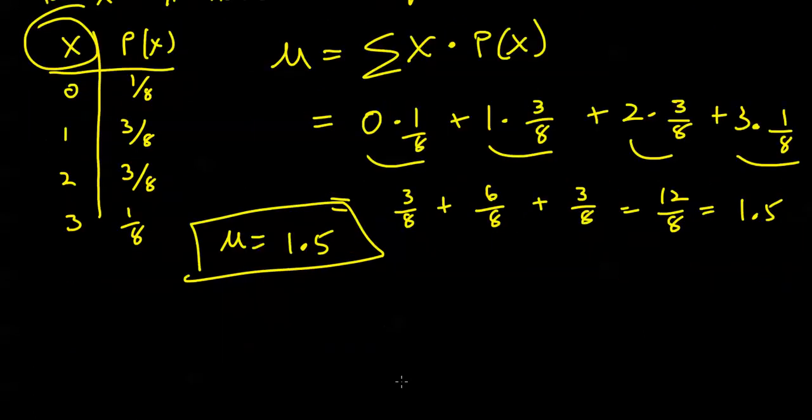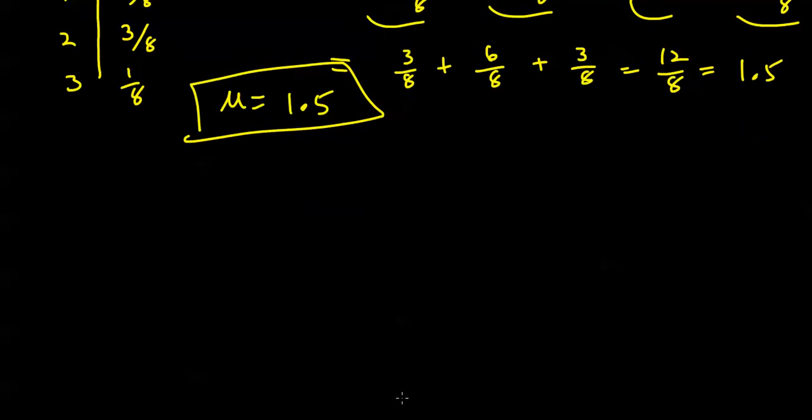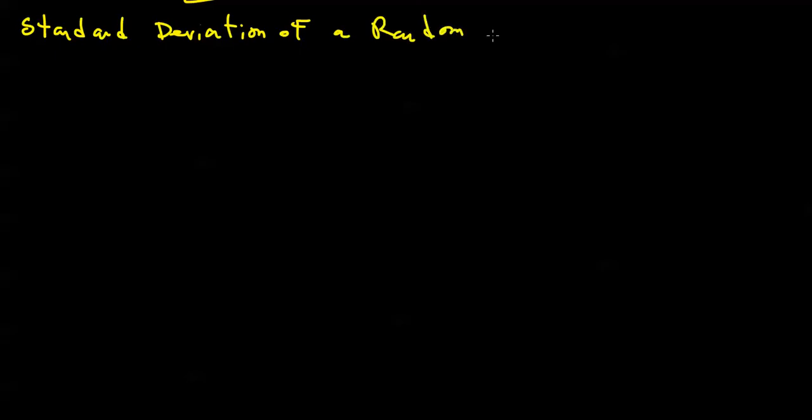Let's consider a standard deviation of a random variable. Well, this one's a little harder. We give it the symbol sigma, lowercase Greek letter sigma, and I compute it in this fashion.